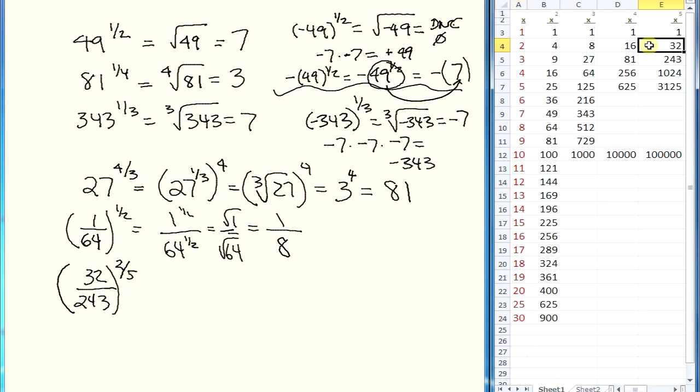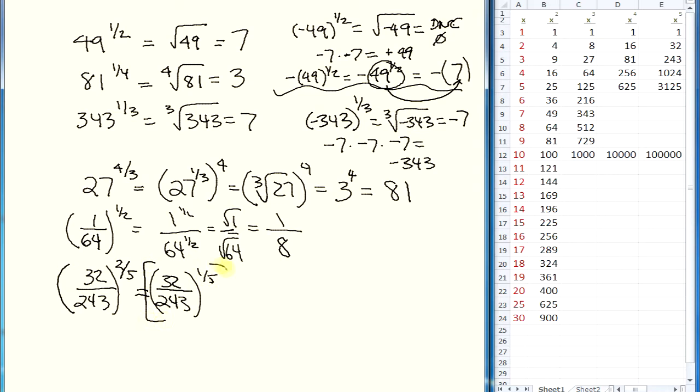If I come back to my spreadsheet, you'll see that 32 is listed under the x to the 5th column, and so is 243, which is good because technically this could be written as 32 over 243 raised to the 1/5.